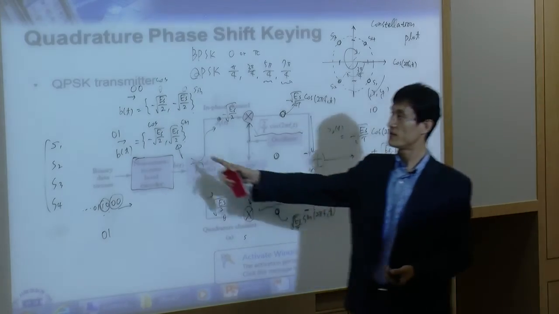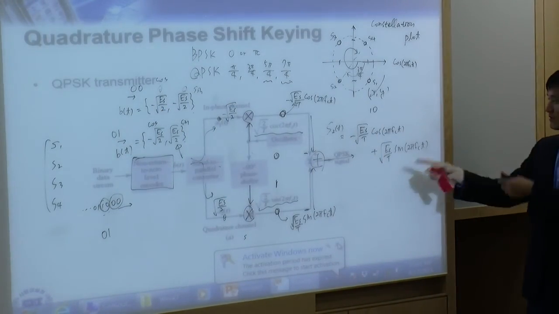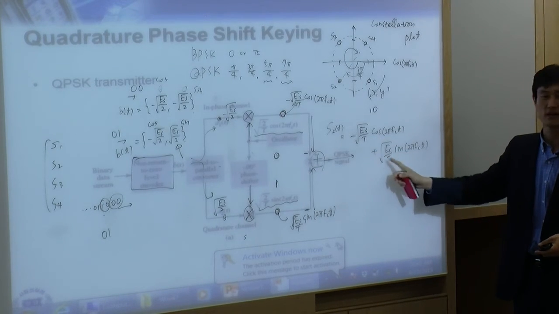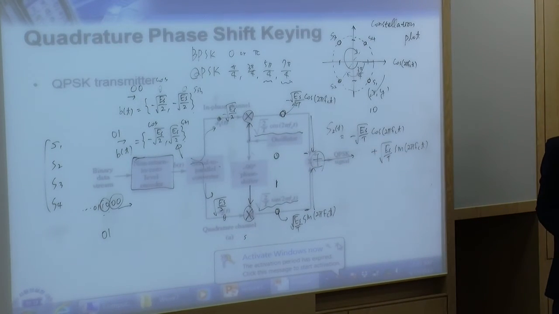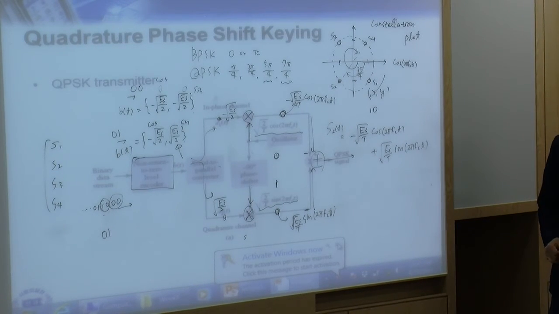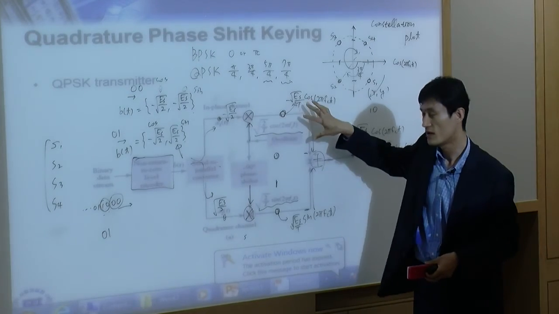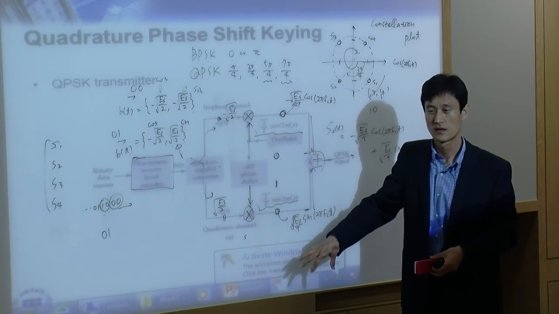Now if you have 0, 0 coming in, you do it the same way. Then eventually you're going to get minus cosine, minus sine. That's what you transmit over the air. So your signal actually has a cosine component and a sine component.